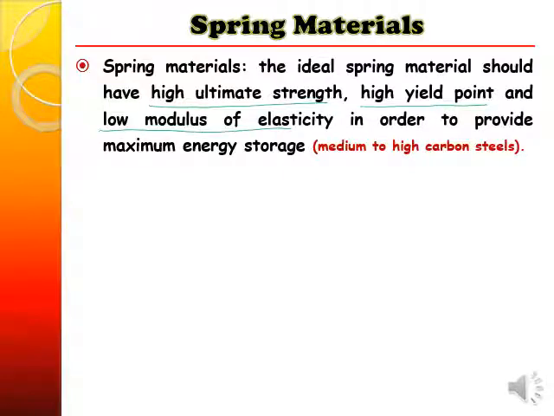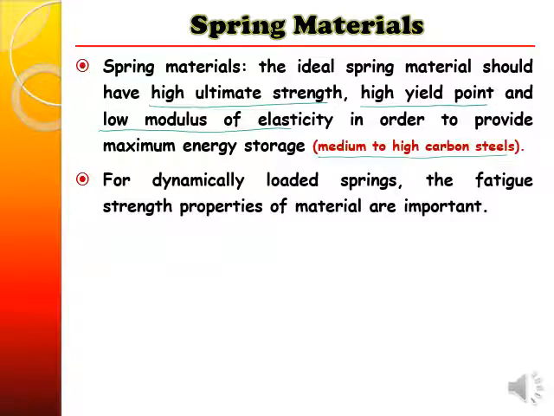Right? The low modulus of elasticity, high yield strength, and the high ultimate strength. These are the three desired properties in a spring material. The common type of material is the medium to high carbon steel that is used for the maximum energy storage.